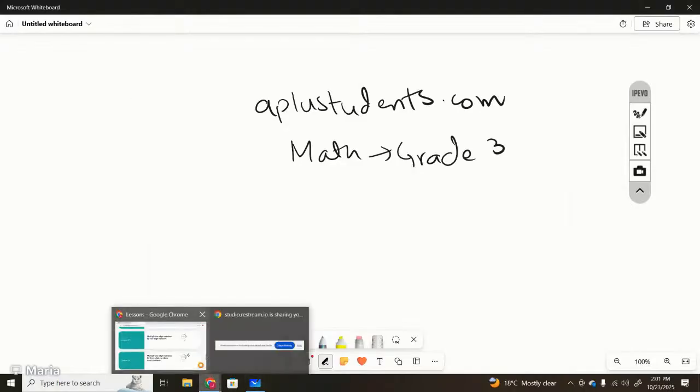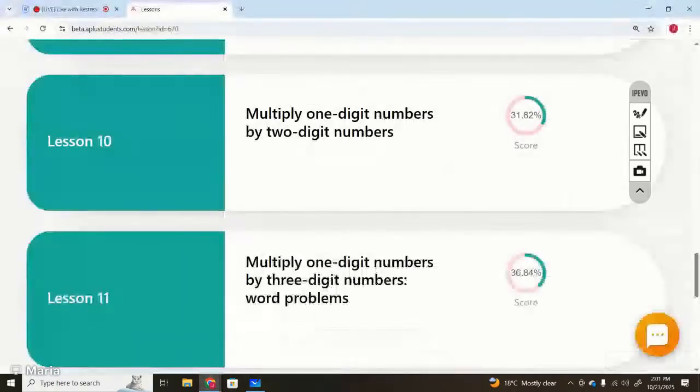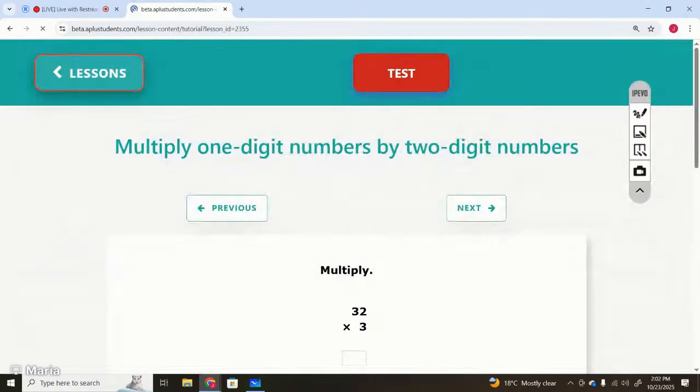We're going to start with the chapter multiplication. The lesson we're going to start with is multiply one digit number by two digit numbers. Let's start with the example.